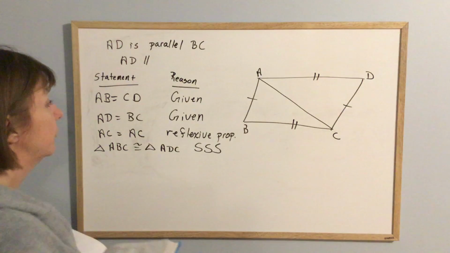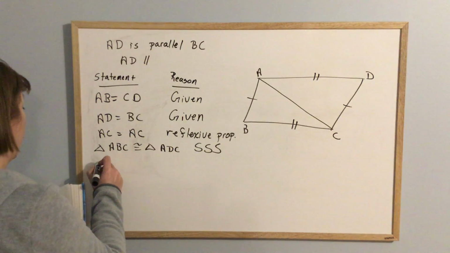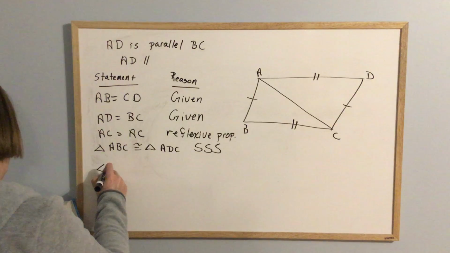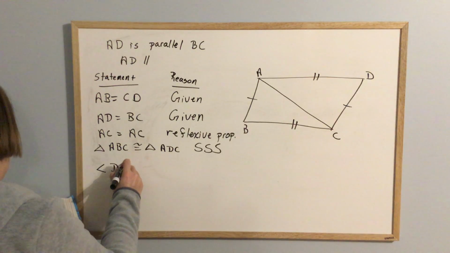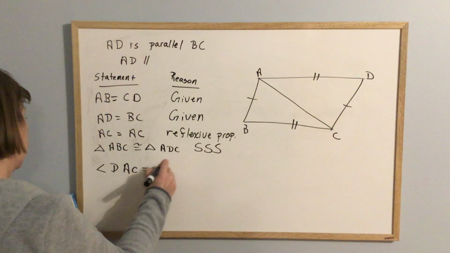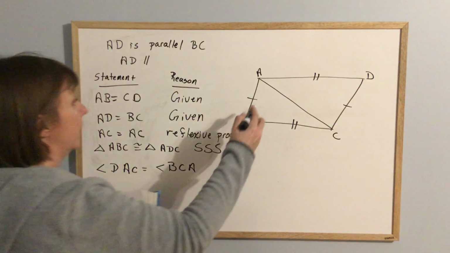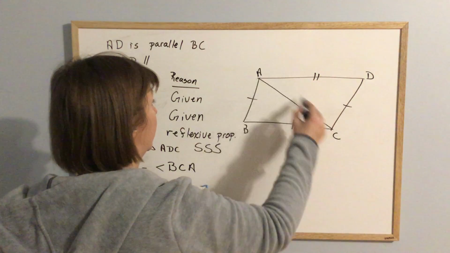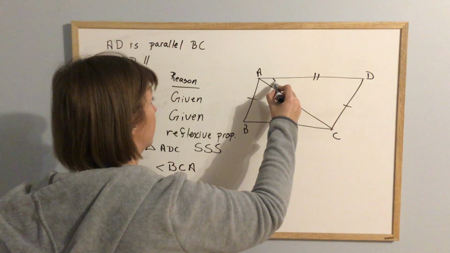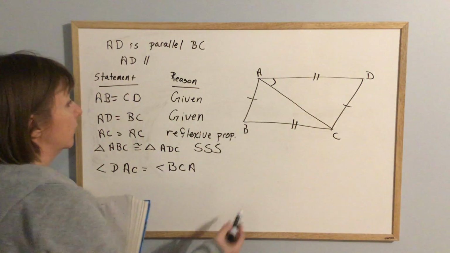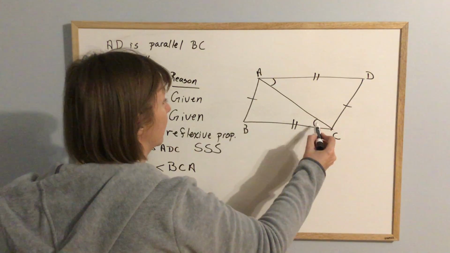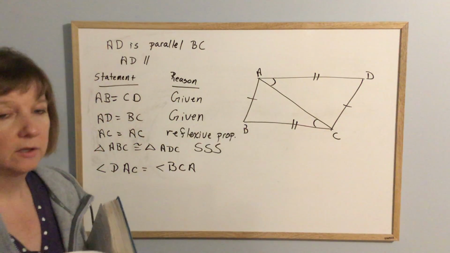So if I've proven that the triangles are congruent, I have proven that angle DAC is equal to angle BCA. So DAC, so this one right here, is equal to BCA. So this one right here.